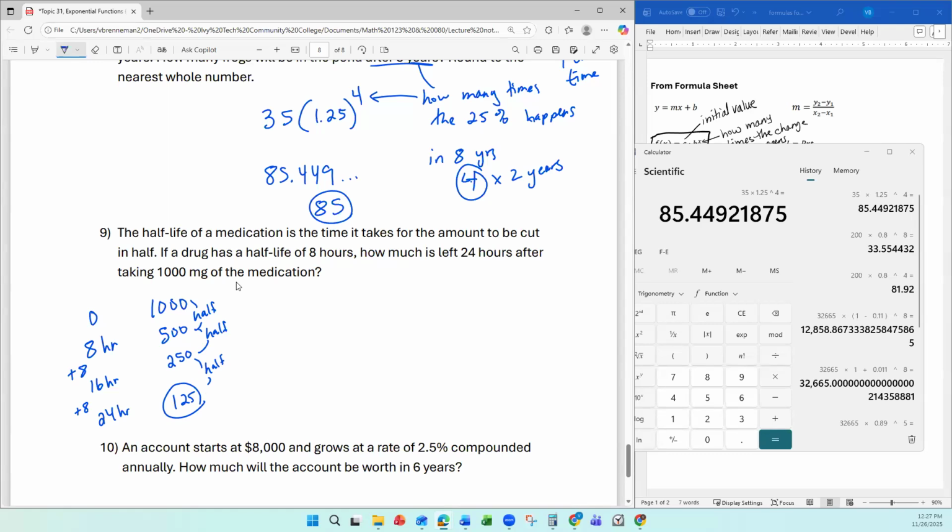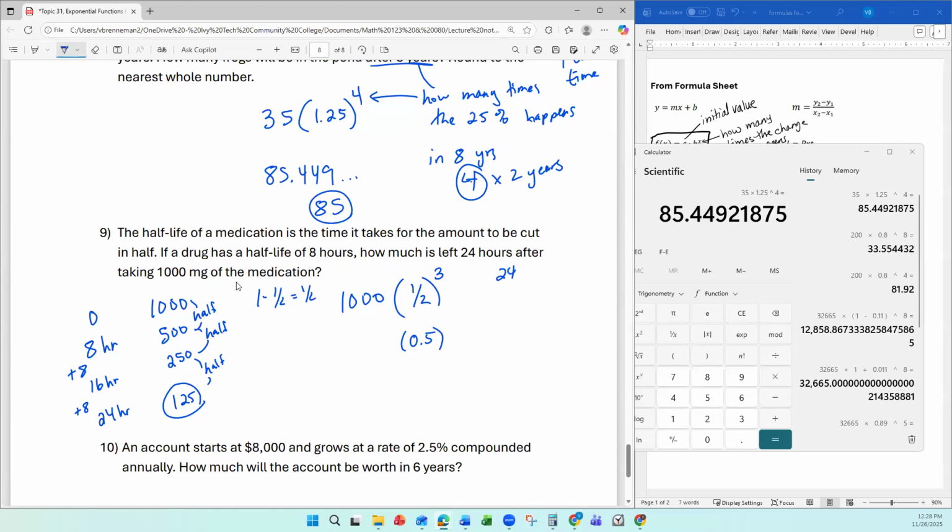If it was for 48 hours or 72 hours or a week, that would start getting pretty tedious counting those halves. So we can also still do this with an exponential, initial value of 1,000. For a half-life, a 1/2 or a 0.5 is the base here, the change factor. So if you're losing half, then you still have half as well. 1 minus 1/2 is 1/2. And then it's to the power, we saw that it was 3 times.